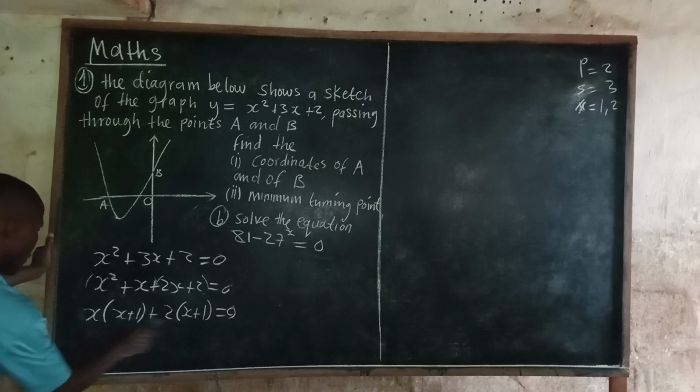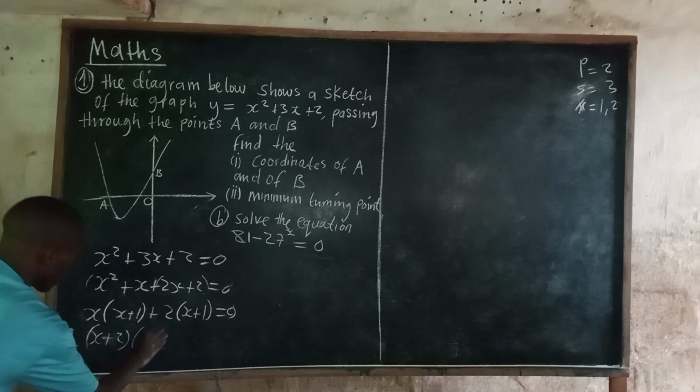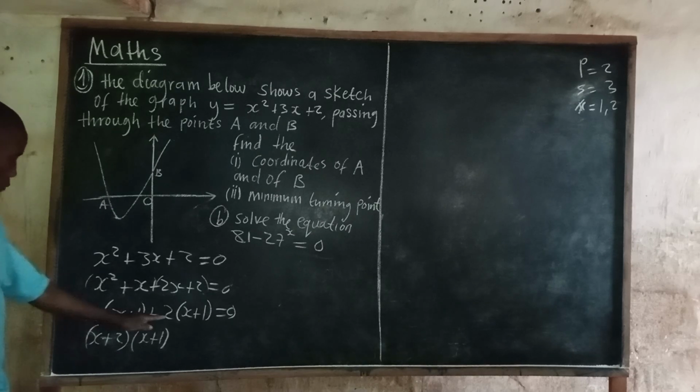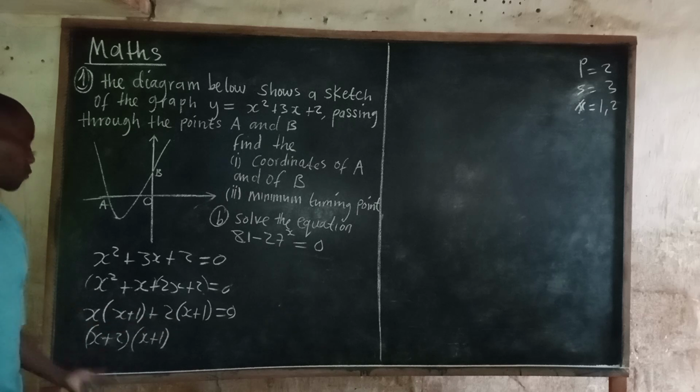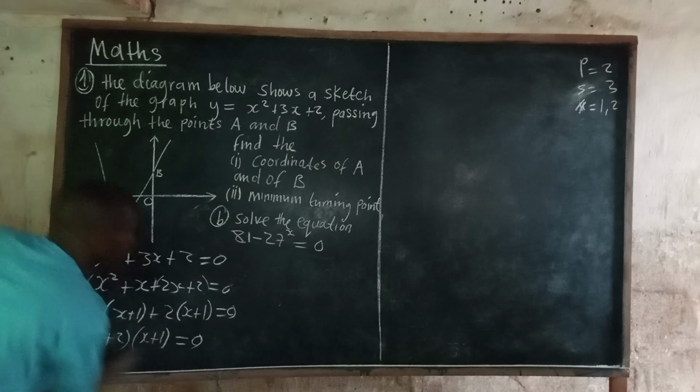Then from there we group them. So x plus 2 is one bracket, then we have x plus 1 as the other, because the x plus 1 is already inside the brackets. Then equals 0.